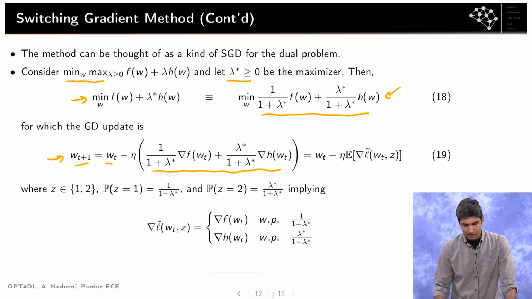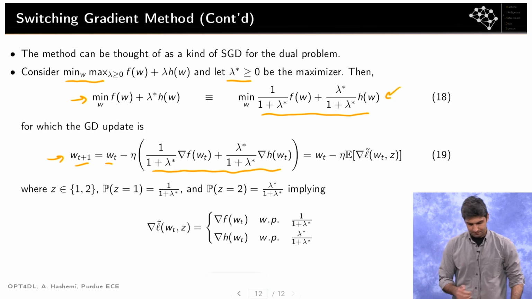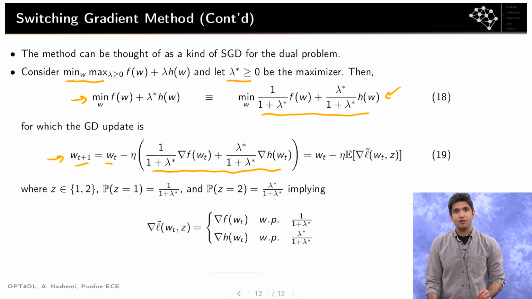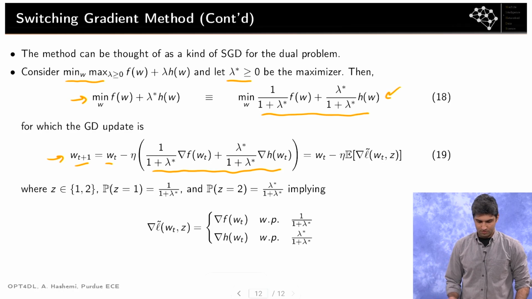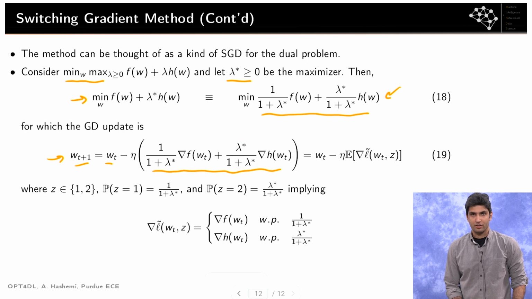Now let's make this observation. Here I have a weighted average of the gradient of the objective and the gradient of the constraint. The weights are non-negative, because 1 is non-negative, lambda star is also non-negative, and they also sum to 1. If I add 1 over 1 plus lambda star and lambda star divided by 1 plus lambda star, I'll get 1.